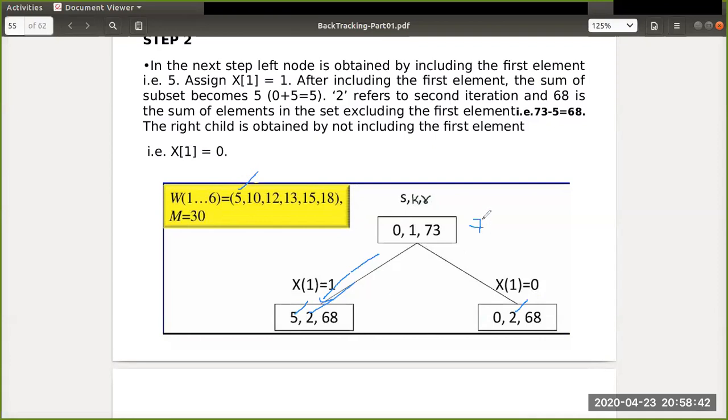I need to decrease it by the first item's weight, then I get 68. So the third argument in this left child node is 68, and in the same way the right side also has 68. The second and third arguments of nodes in the same level are the same values. Here 2, here also 2, and the right side also 2.